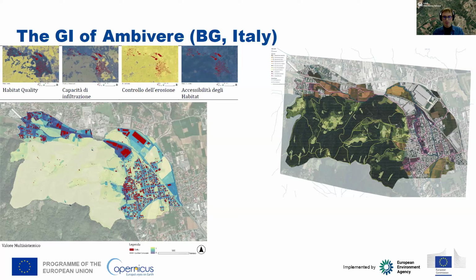And all of them were basically composed again using digital elevation model, land use, land cover, imperviousness degree, forest, tree cover density, basically. And we were working again within the superimposition with the local land use plan, and we were able to create the first frame of this composite green infrastructure system.